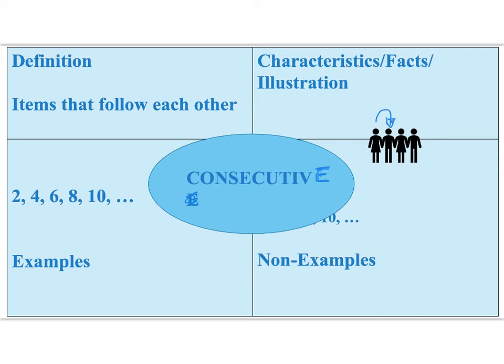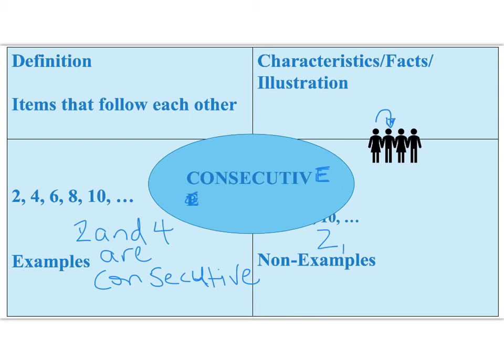Okay, so in this example, the 2, 4, 6, 8, 10, 2 and 4 are consecutive because 2 and 4 are one right after another.